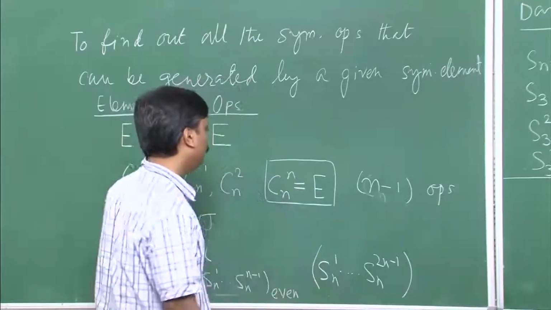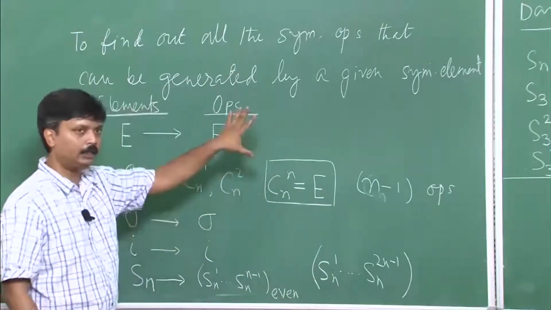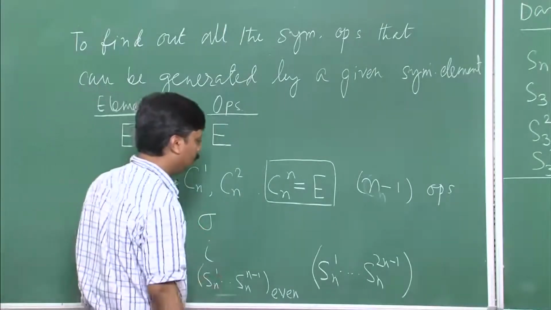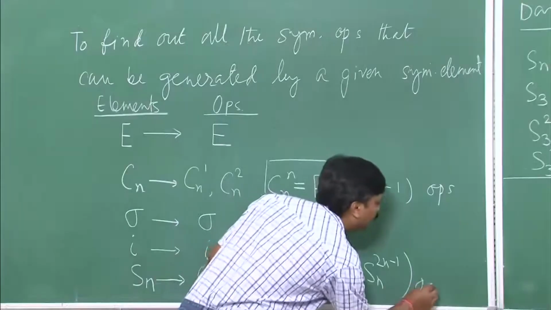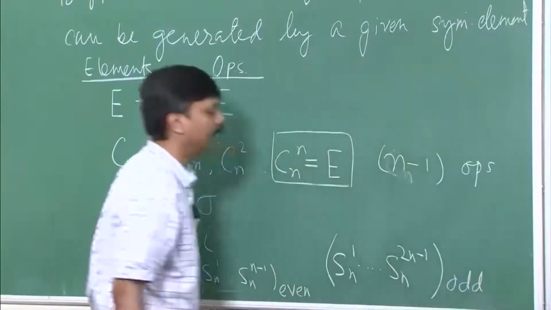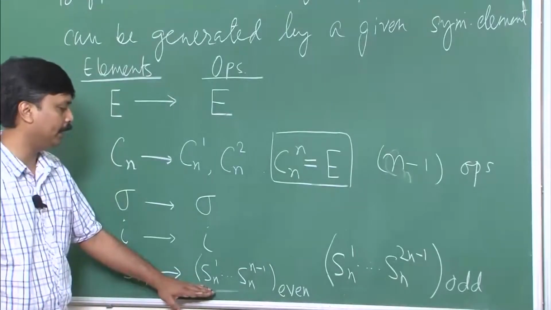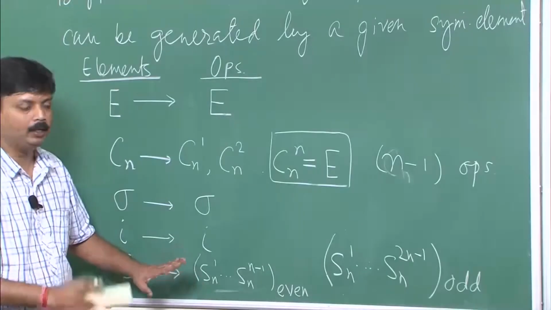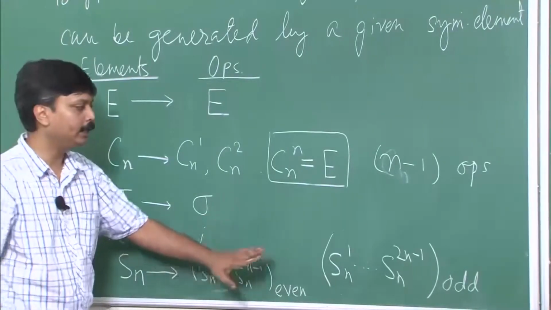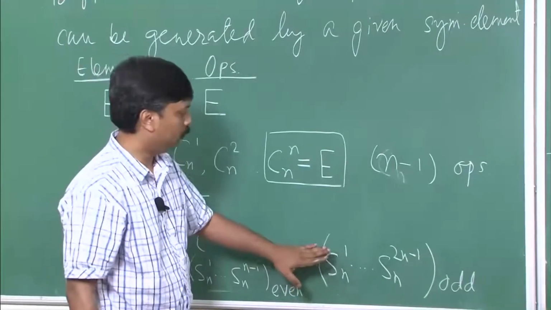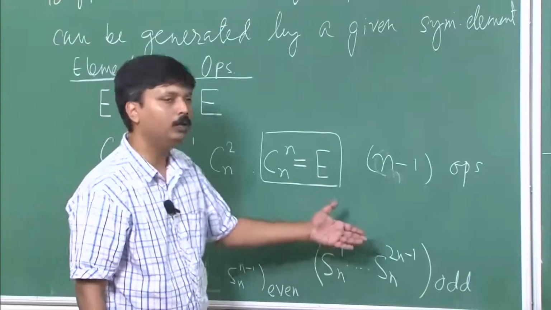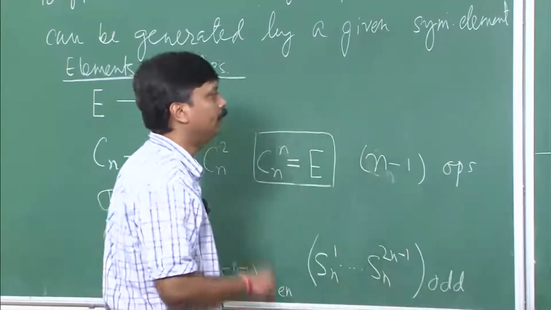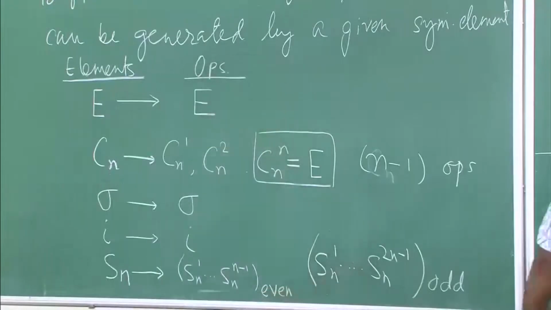Okay. So if you go back to the previous case of Sn when n is even, you can verify that one. So this is the case of Sn when n is odd. So Sn even will generate n number of operations, out of which n minus 1 are independent and the nth one is the identity, whereas Sn when n is odd, you can generate 2n number of operations where one is identity. Okay.